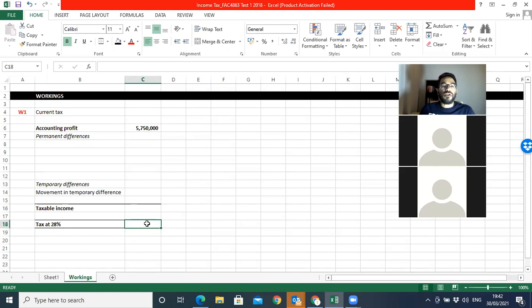But the way we go about doing this is by starting off with accounting profit. Makes sense? Because when you become a financial accountant, you're probably going to have to submit the income tax return for your company. And on e-filing, the way you submit is by starting off with accounting profit and then adjusting for different stuff. One of the reasons would be because SARS knows that your income statement has all your information.